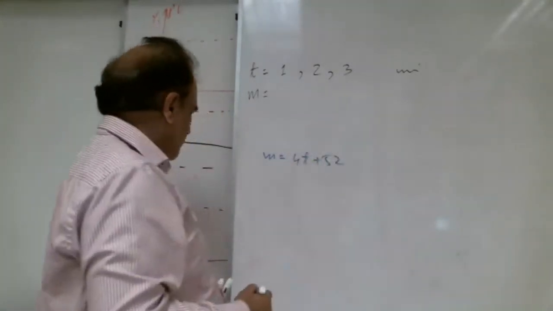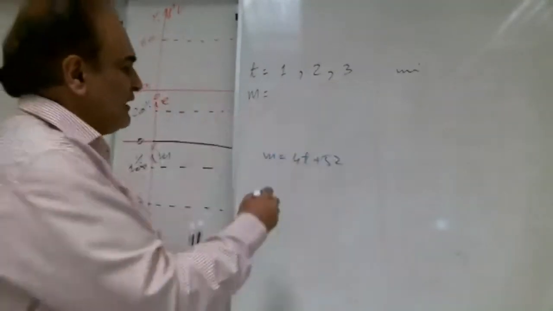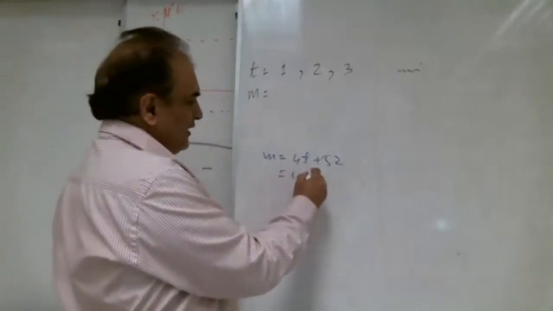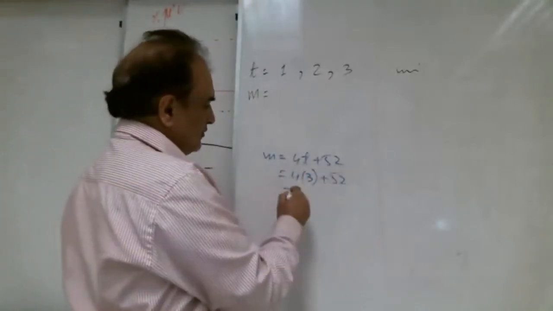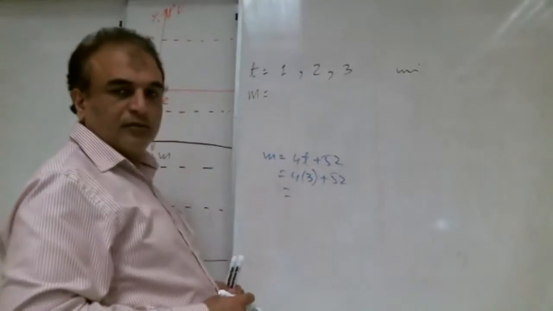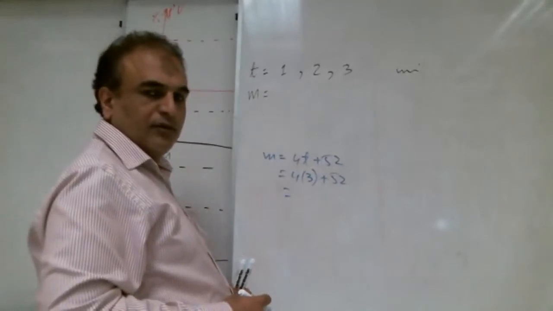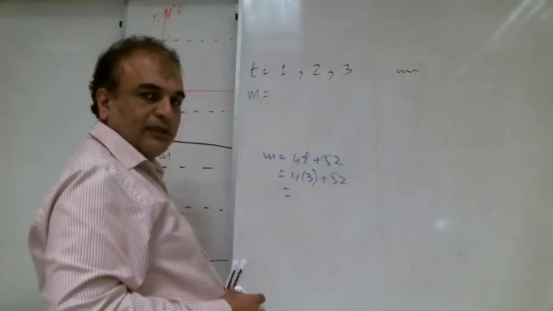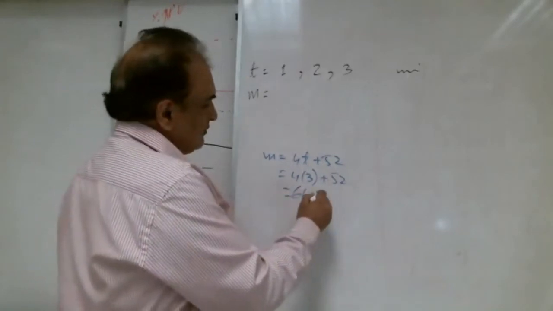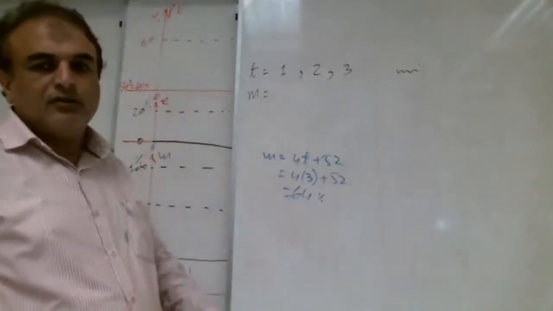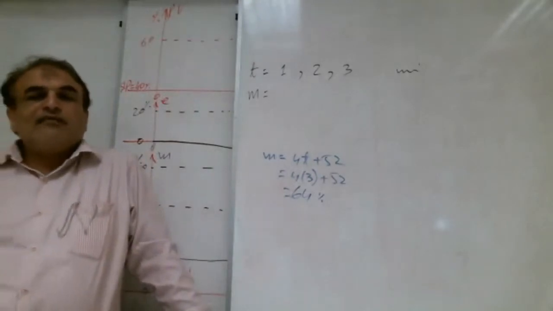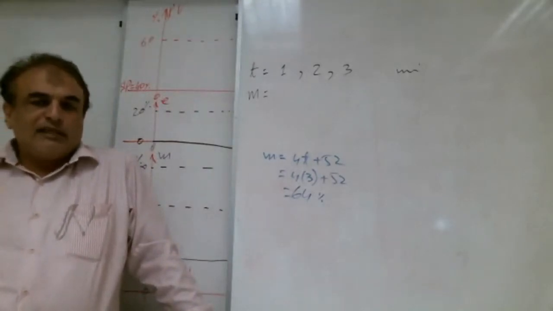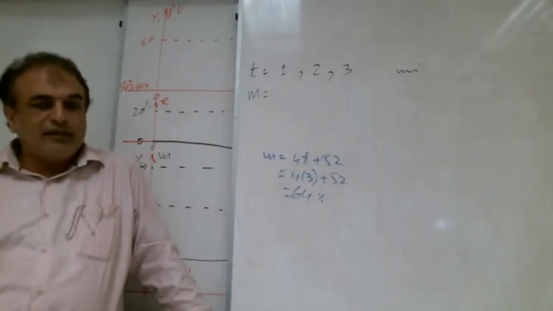That's very good. Now we are saying at 3, so put the 3 here: 4 into 3 plus 52. How much? 64. That's good. 64%. If you have done it already, very good.